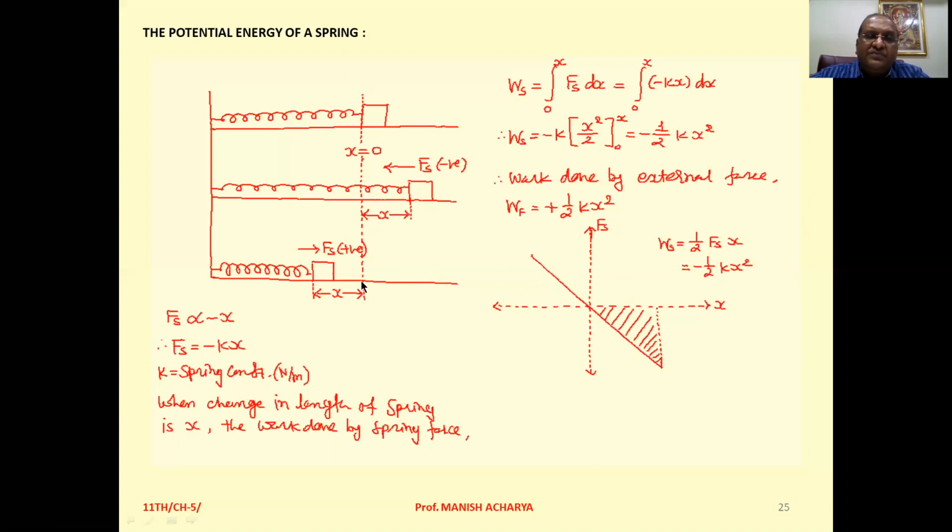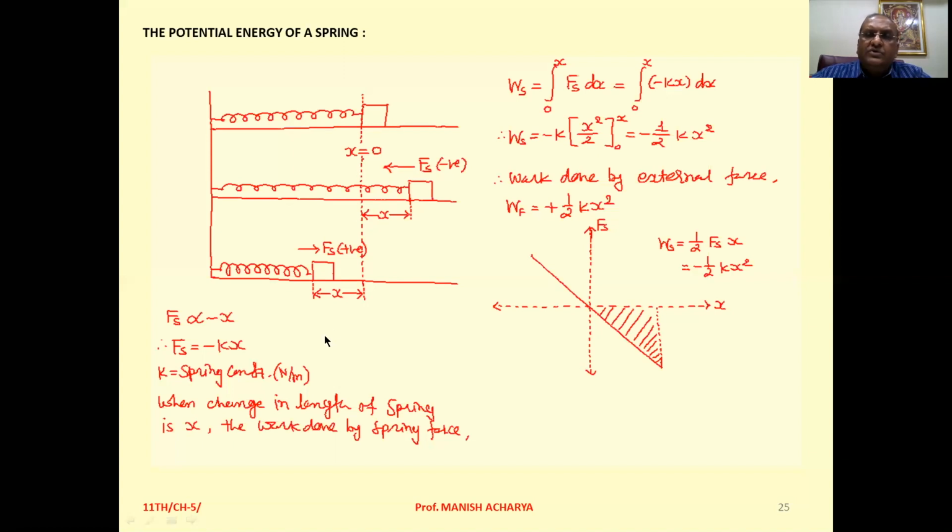Now suppose the spring is compressed by x, then again the restoring force will be in the opposite direction. So here spring is compressed, it implies that the displacement is in negative direction, so force is in positive direction. Here spring is extended, means the displacement is positive x, so spring force is in negative direction.